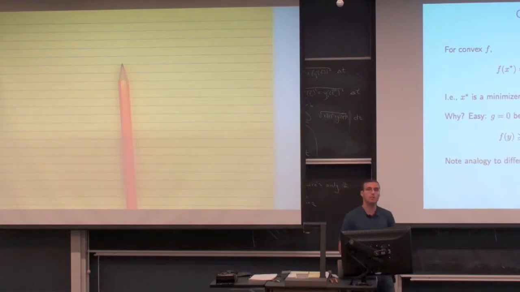That works for non-convex functions too. So 0 being a subgradient is also an optimality condition for non-convex functions. But often we just can't compute subgradients for non-convex functions, so it's kind of a moot point. Just to point that out.